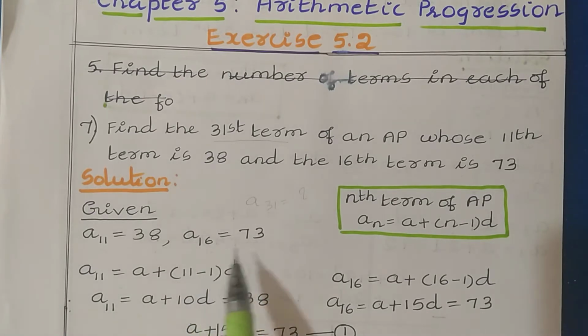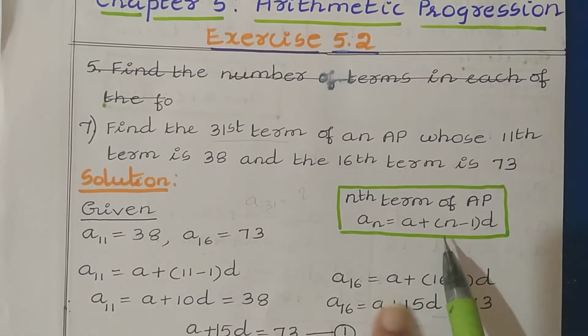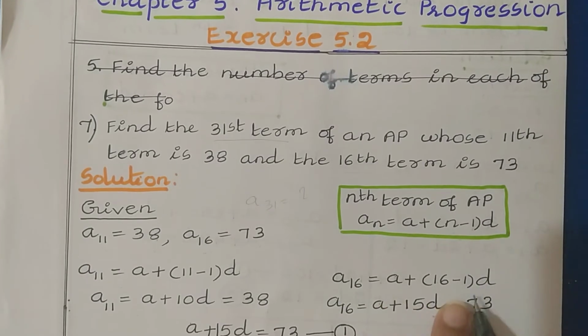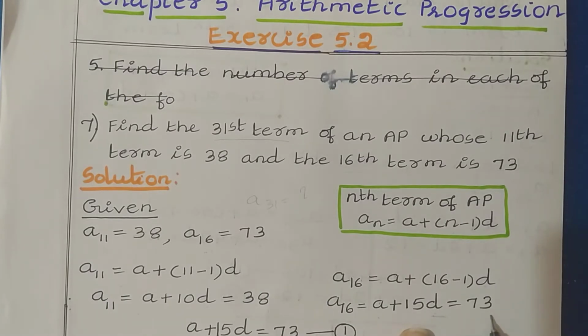Similarly, A16 is equal to 73. Now here you put n as 16 in the formula, so we get A16 is equal to a plus 16 minus 1 into d. A16 is equal to a plus 15d, and A16 is 73, so this is equivalent to 73.